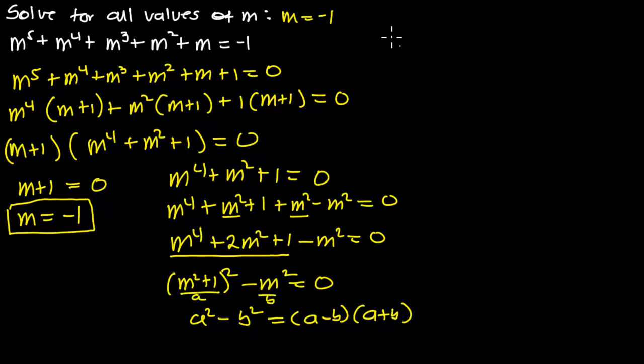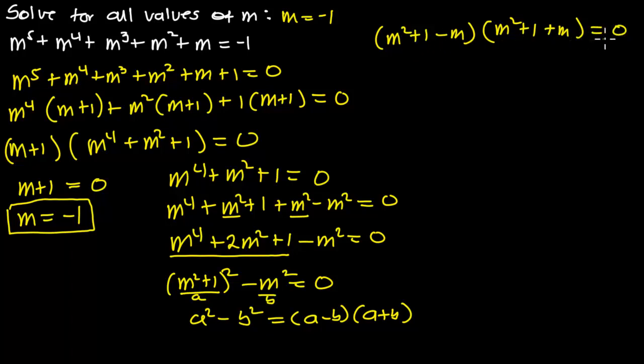So we have a minus b, where a is m squared plus 1 and b is m. So we have m squared plus 1 minus m, multiplying a plus b, which is m squared plus 1 plus m. And this will be equal to 0.